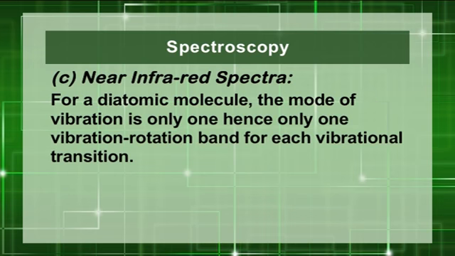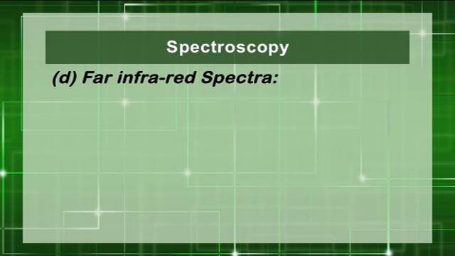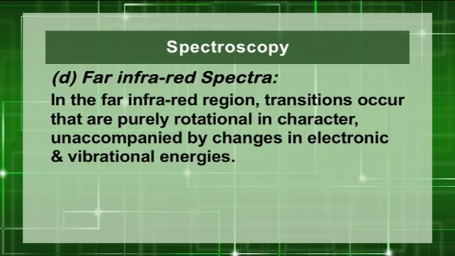For a diatomic molecule, the mode of vibration is only one, hence only one vibration-rotation band for each vibrational transition. Coming to far infrared spectra, in the far infrared region, transitions occur that are purely rotational in character, unaccompanied by changes in electronic and vibrational energies.